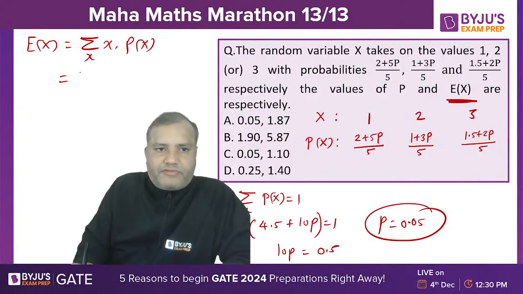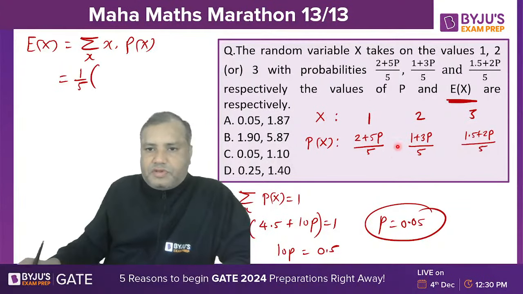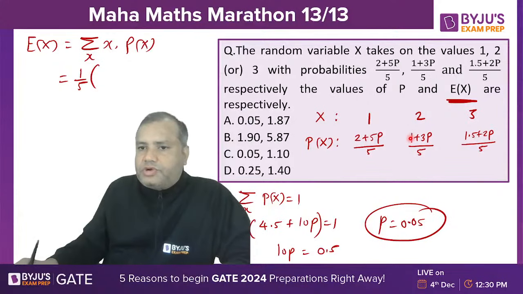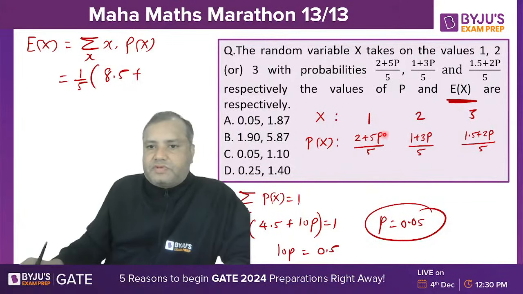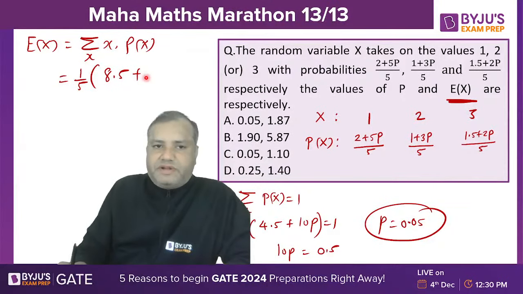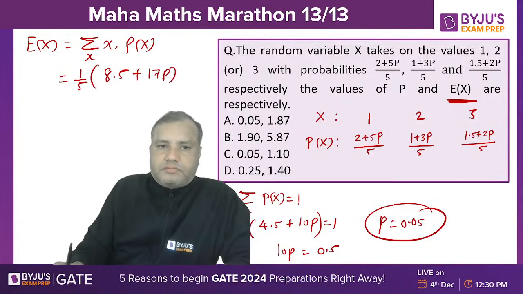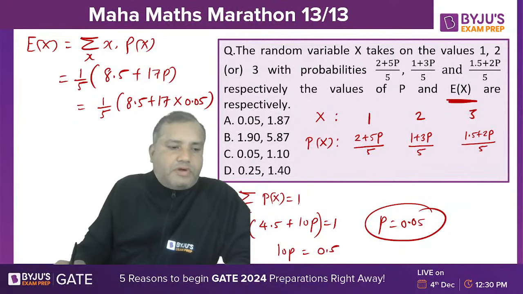So 1 by 5 is out. 1 into 2 is 2. 2 into 1 is 2. 2 plus 2, 4. 4 plus 4 and a half, 8 and a half. 5p plus 6p, 11p, 11p plus 6p, 17p. The value of p is 0.05. On calculating this, you will get 1.87.